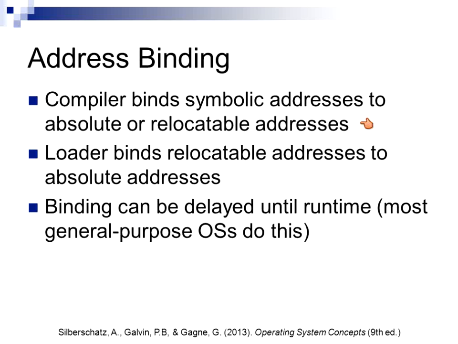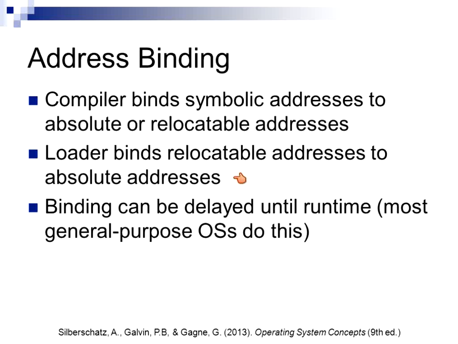Another time that we can calculate addresses and bind addresses is when these relocatable addresses that were generated are then bound to the absolute address. When the loader actually takes a program and loads it in memory, it now knows where that program is going to be loaded.